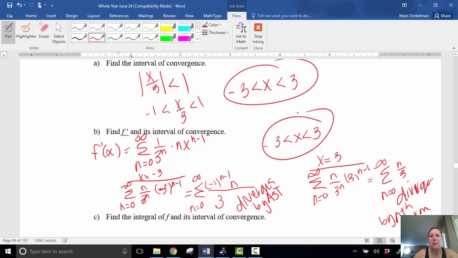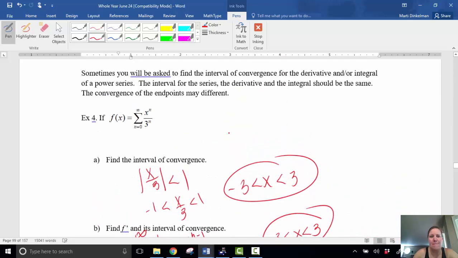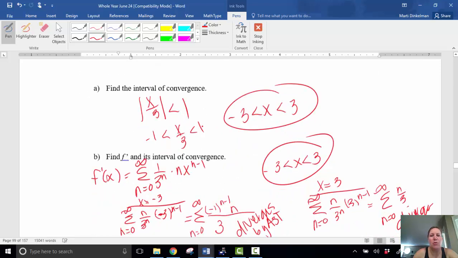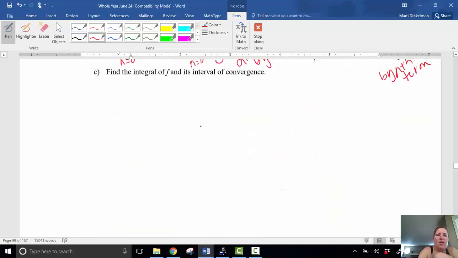So let's go ahead and see what happens when we find the integral or the antiderivative of this, okay? Again, the x to the n is really, the x is the variable in this case as we're trying to figure it out. I'm going to label this as capital letter F. So we have that 1 over 3 to the n, and what we're going to do is add 1 to the exponent and divide by our new exponent, and then we're going to see what happens.